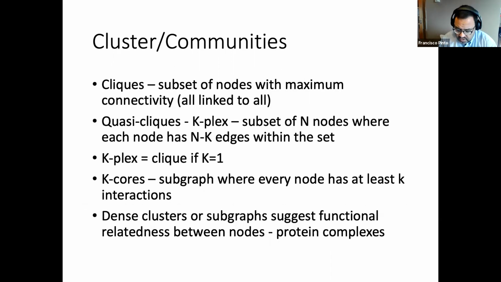But if you are interested in finding groups of nodes that are closely connected, you don't need to partition all the network. You can use other types of searches, like searching for cliques. So a clique is a subgraph where all the nodes are linked to every other node within the clique.